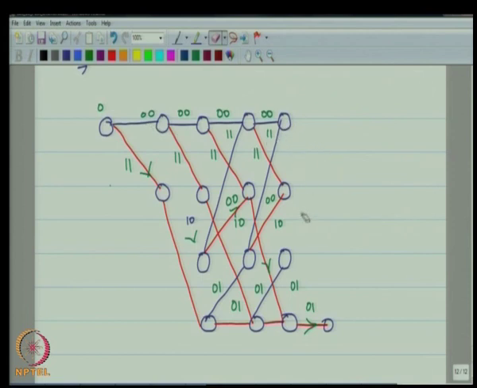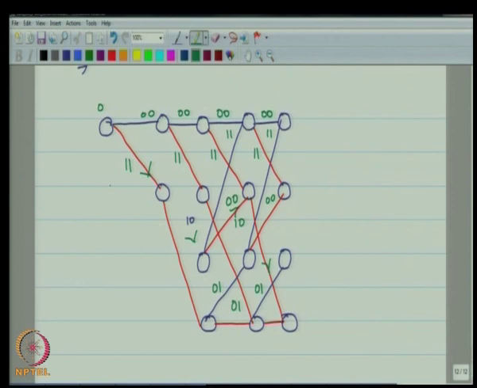So, I guess we do not care about this, and we are interested only in that one path. So, let me highlight that in perhaps green.